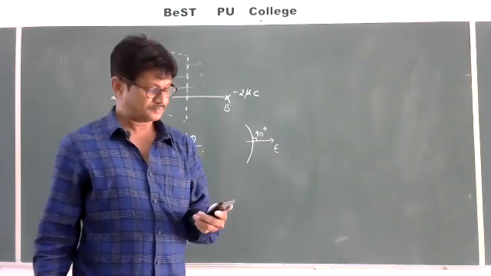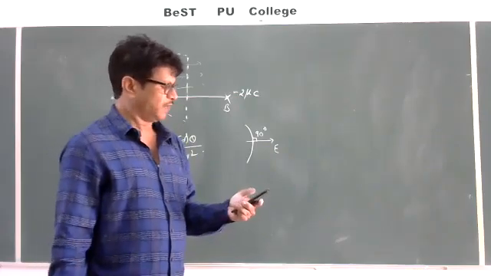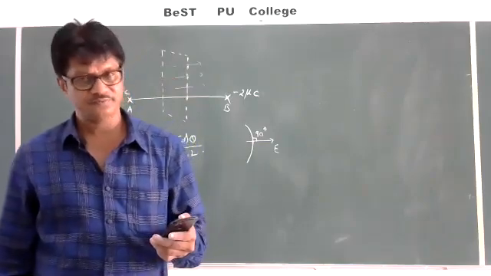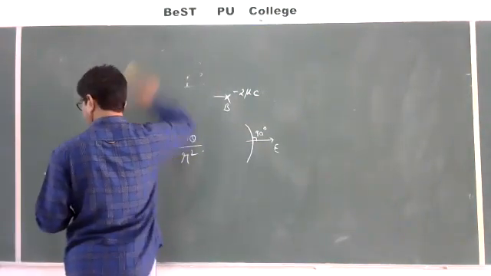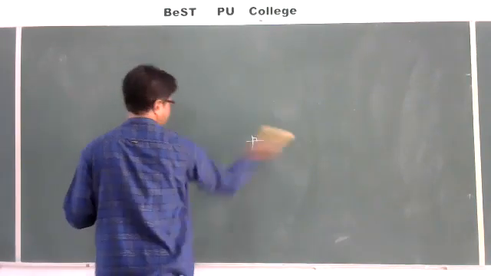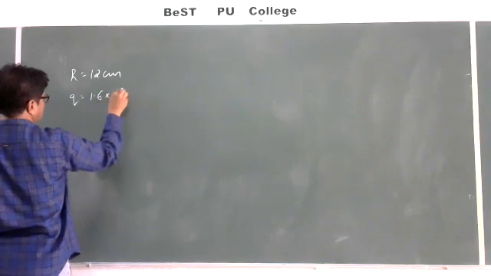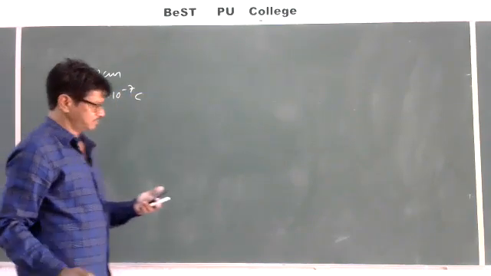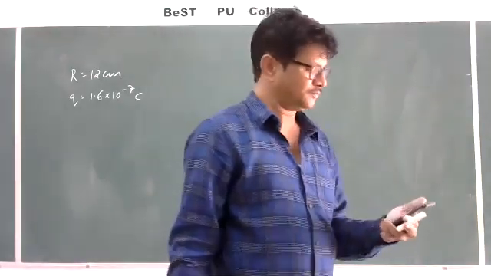A spherical conductor, fourth problem. A spherical conductor of radius 12 centimeter has a charge of 1.6 into 10 to the power of minus 7 coulomb, distributed uniformly on its surface.